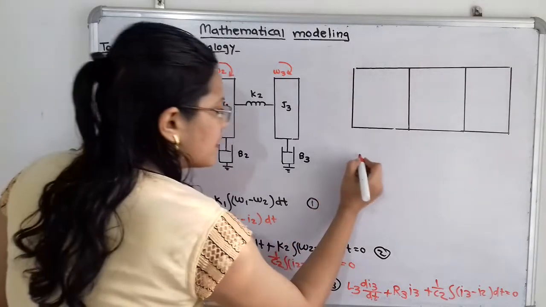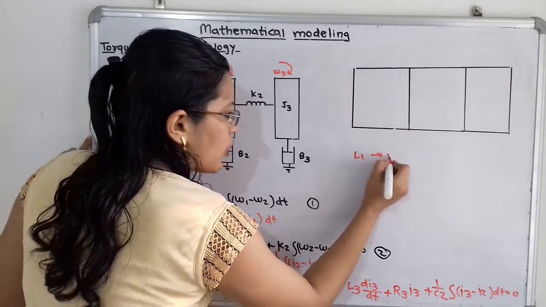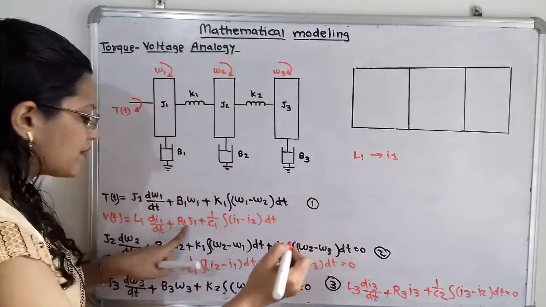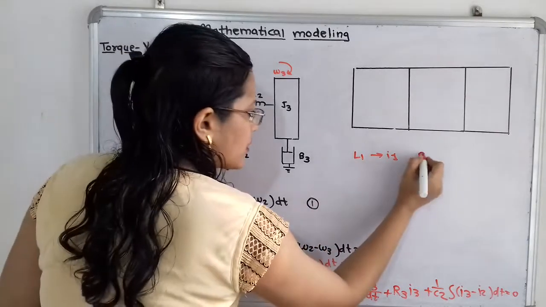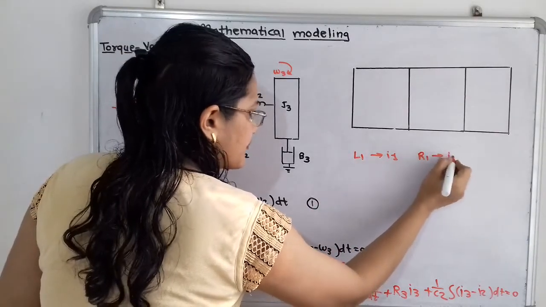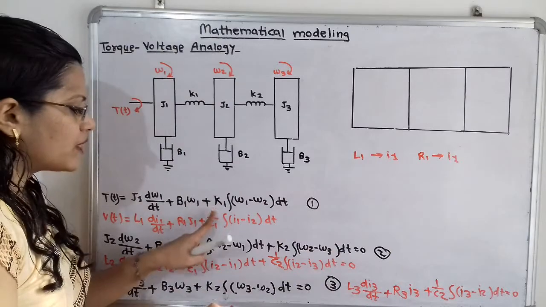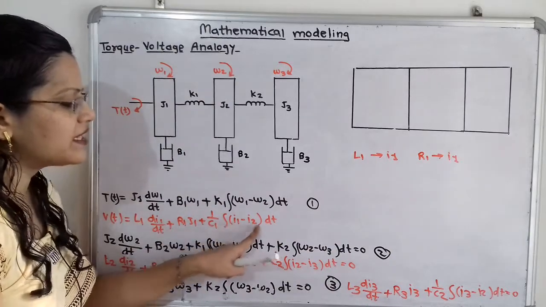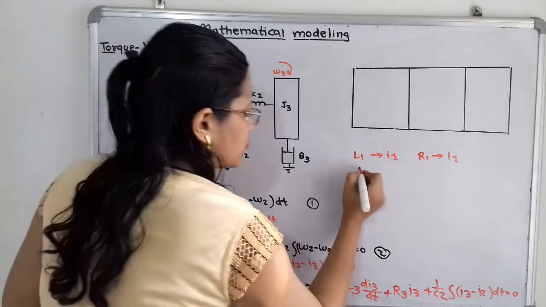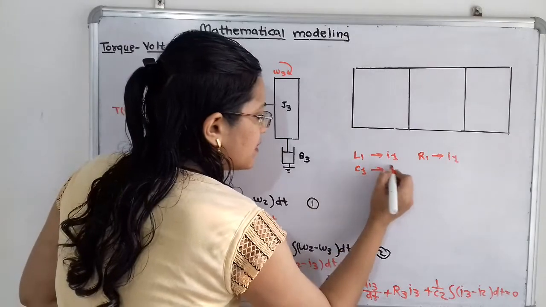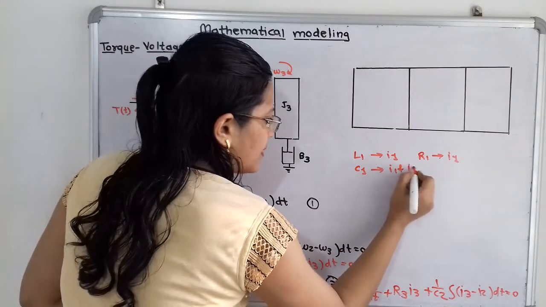Then R1 is also along current I1. Then 1 by C1, that is capacitor C1, is in between I1 and I2.